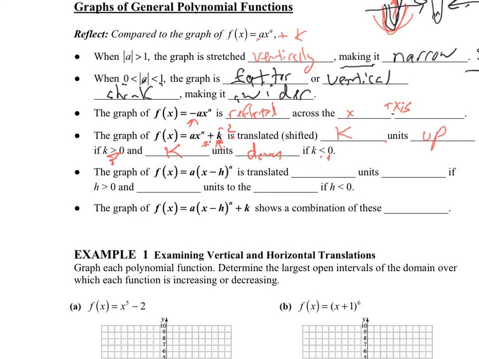The graphs of f of x equals a on the outside. Now look in the parentheses, x minus h. We've had this before. I don't know, it's like the 5th time that we've talked about inside the parenthesis. I could have a ax plus an h. I could have an ax minus an h. And I realize that I always have to pretend that there's always a minus built in.